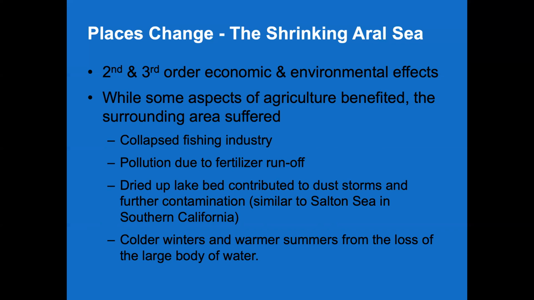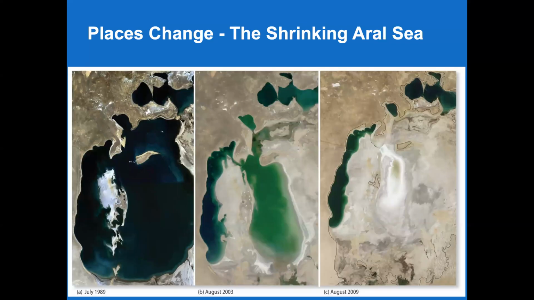Now, when that water dries, it leaves behind a very thin, powdery residue. And because it's dry, it becomes colder in winter and warmer in summer. And whatever winds happen pick it up and transport it. So there's a health issue associated with it.